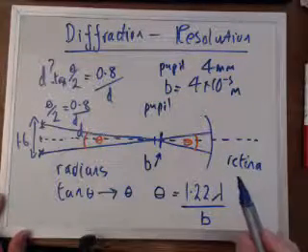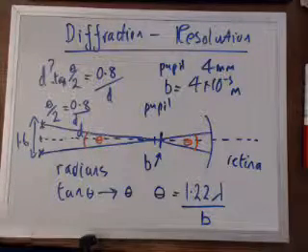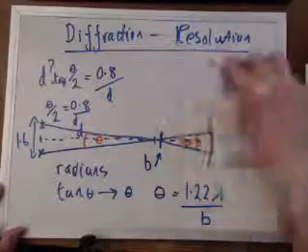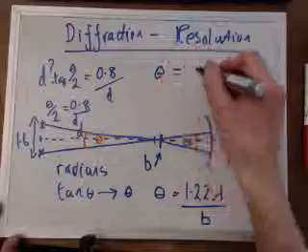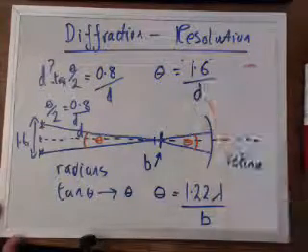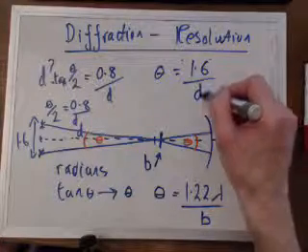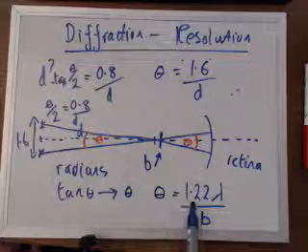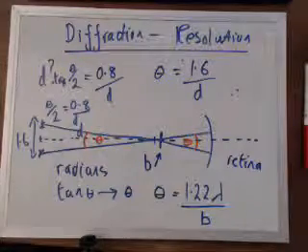From there we'll find that theta is equal to 1.6 divided by D. So the angle we're looking for, theta, is 1.6 over D, and of course we can then put it into this equation where theta equals 1.22 lambda over b.